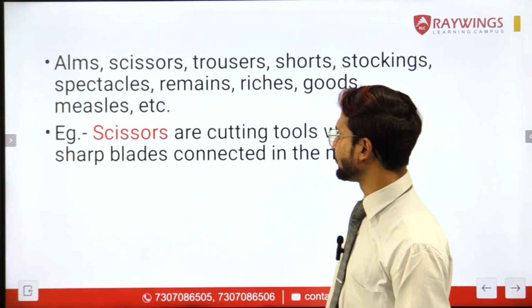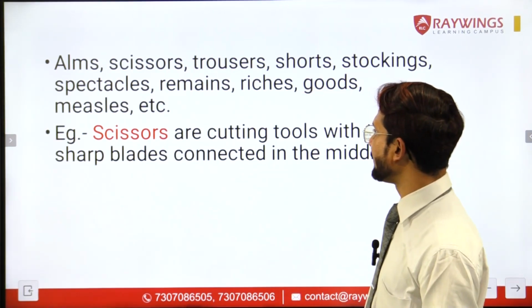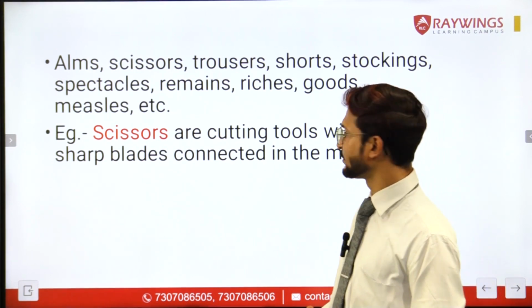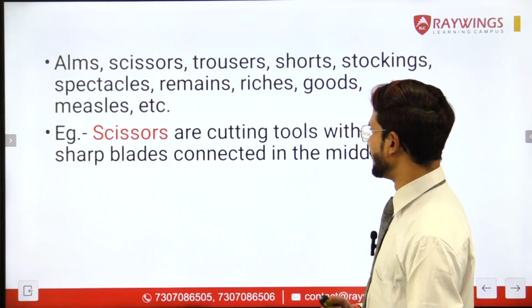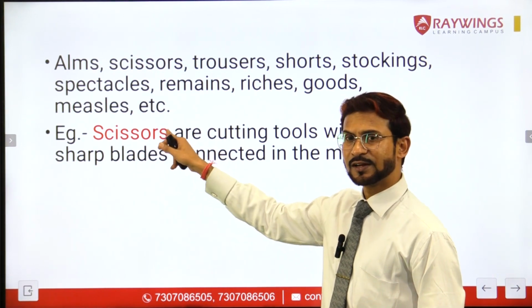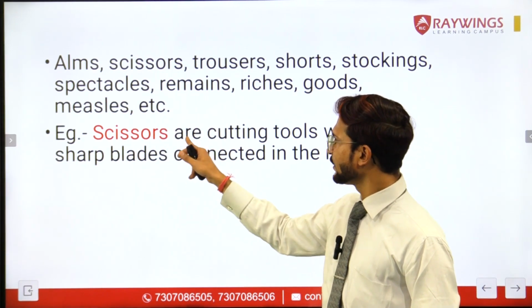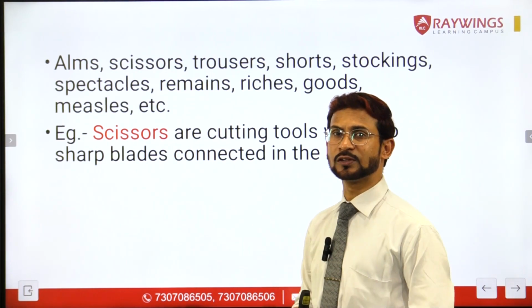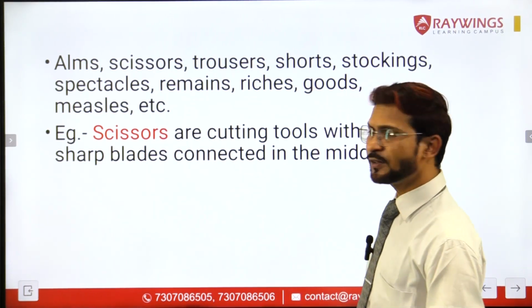Let us have a look at the first example. The first example says, scissors are cutting tools with two sharp blades connected in the middle, right? So we never say scissors is. It is always scissors are cutting tools because it has two blades, and that is why it is used in the plural form, right?